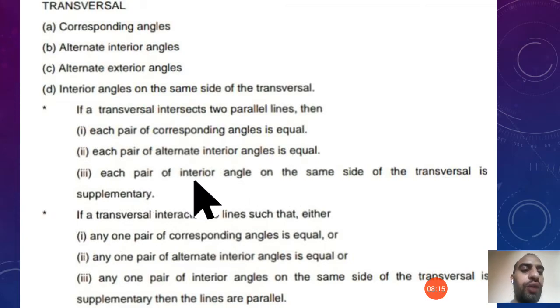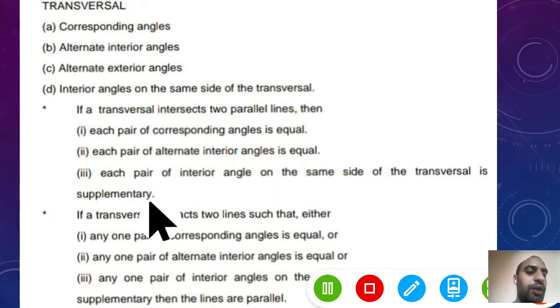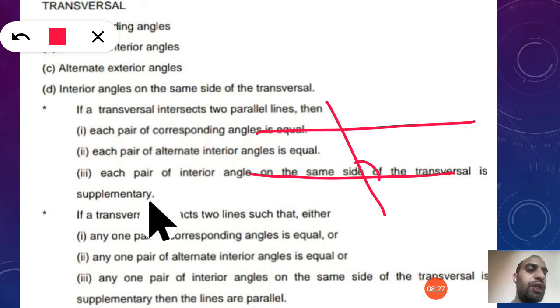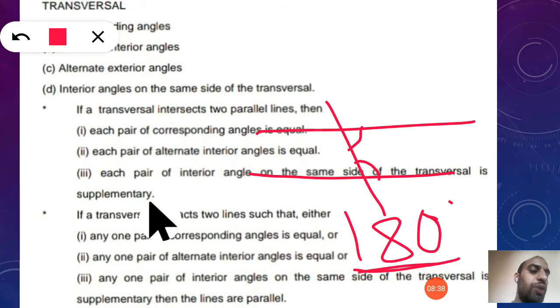Each pair of interior angles on the same side of a transversal line is supplementary. This line is very important. To understand it, we can draw again in this way. These two angles are on the same side, and adding these two they are supplementary. It means if we add these two angles, it must be equal to 180.